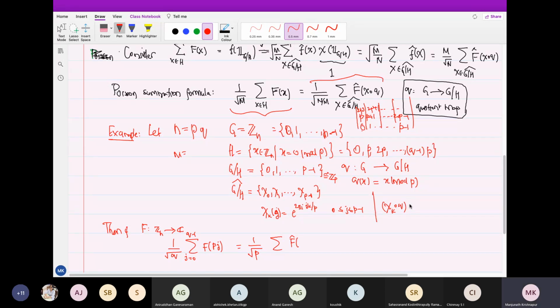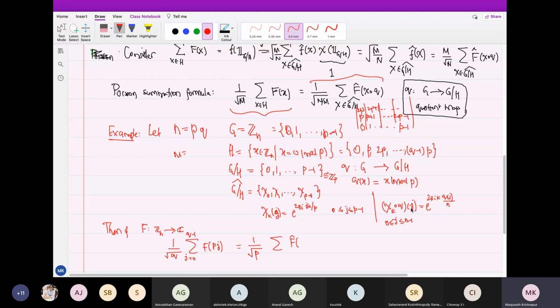Chi k compose q is, so this is from this here, j is in Zn, right? So chi k compose q should be a character on G. So chi k q I want to evaluate at j. What is it? Well, it is e to the 2 pi i k times q of j over n, right?